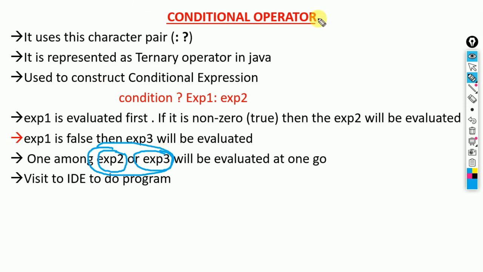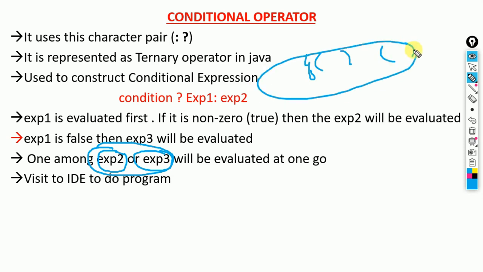Now take an example where you want to print the greater number among two digits. You take two variables, put some numbers in them, and want to find which variable contains the largest value. You could say if A is greater than B and B is greater than C, for example, but that is hectic. We simply use a conditional operator.